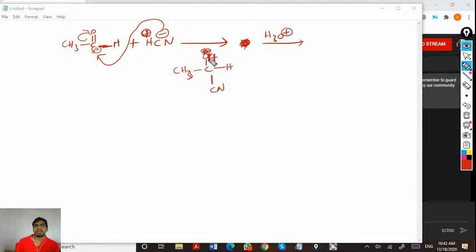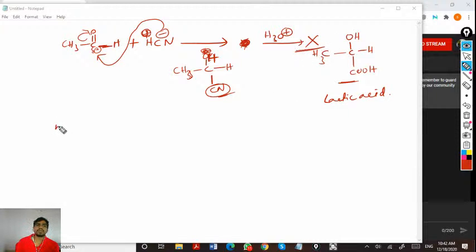If it is hydrolyzed, CN will become carboxylic acid. Whenever a cyano group is there, if it is hydrolyzed, it becomes carboxylic acid. This acid is lactic acid. So the question is, here it is going to give X.